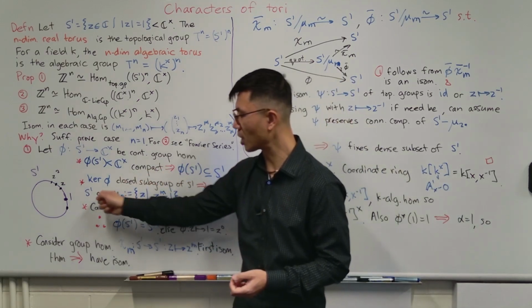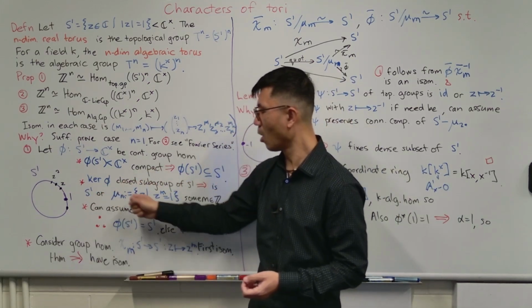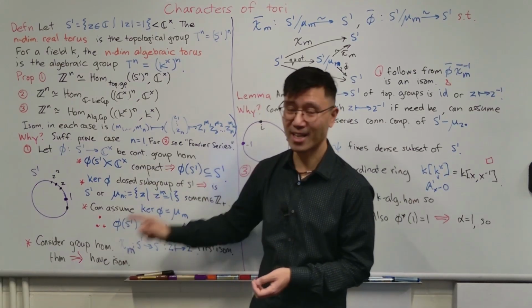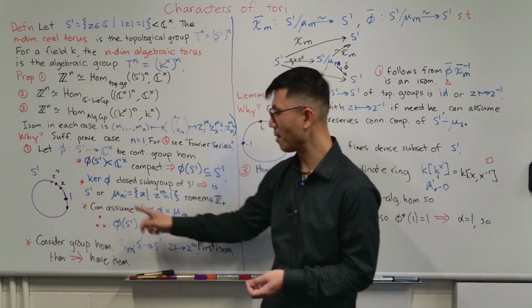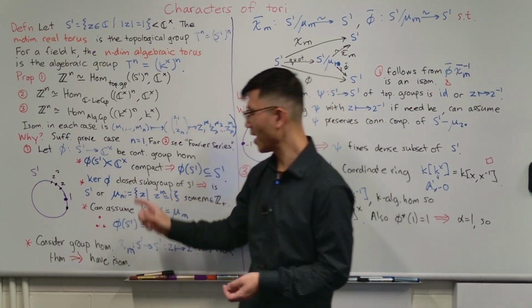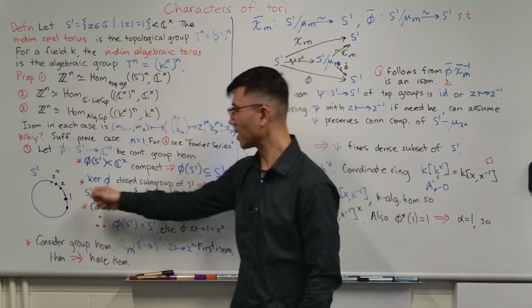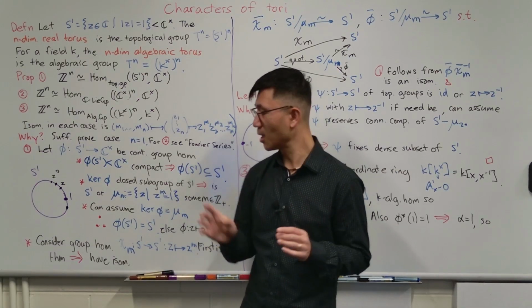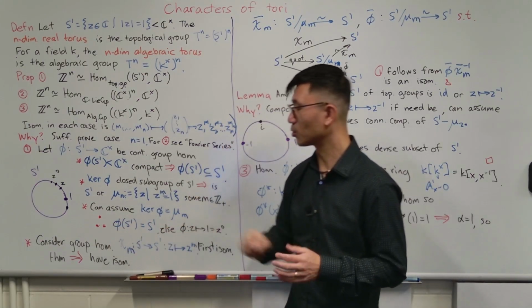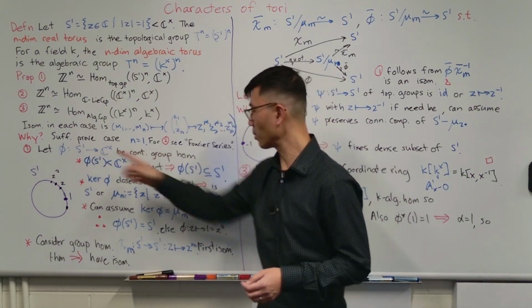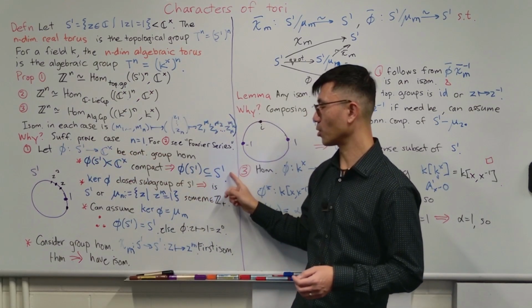We saw the closed subgroups are either S1 or mu m. But it also has to be connected, so it can't be mu m unless you have the case m equals 1, which we excluded. So it must be S1. This is one of the key points: phi of S1 is equal to S1. So it's a surjective map from S1 to the maximum possible image, which is S1.